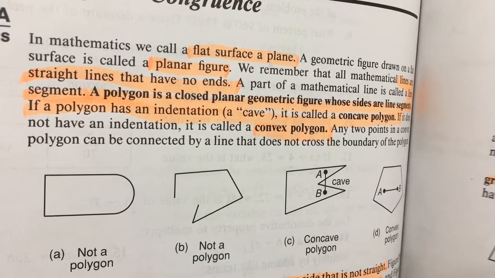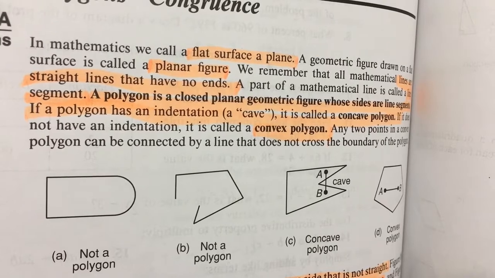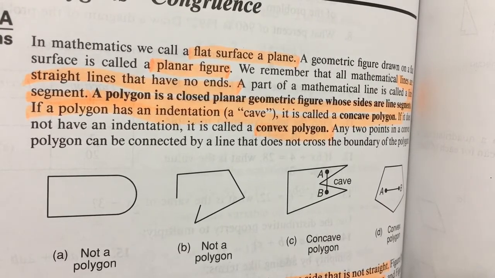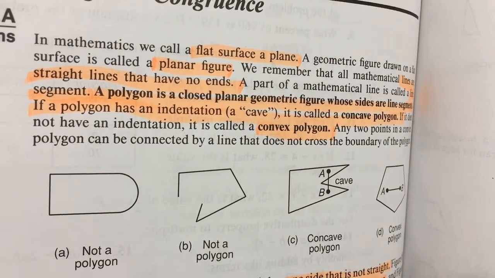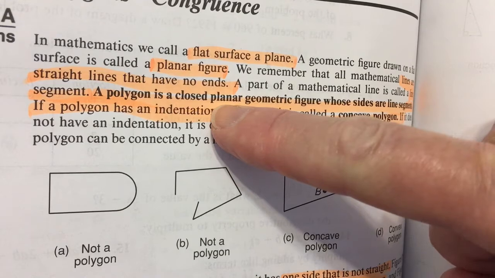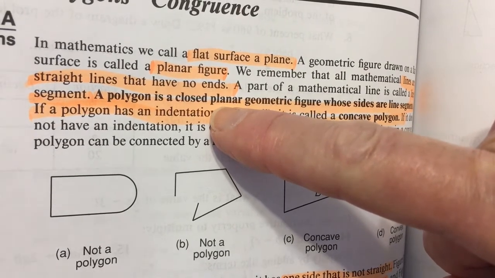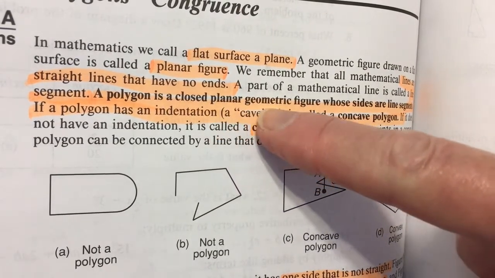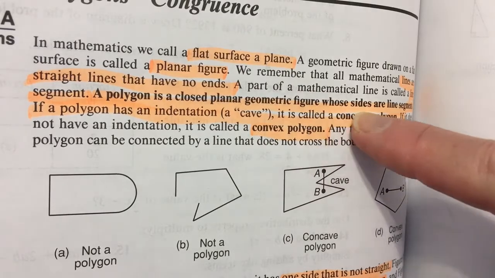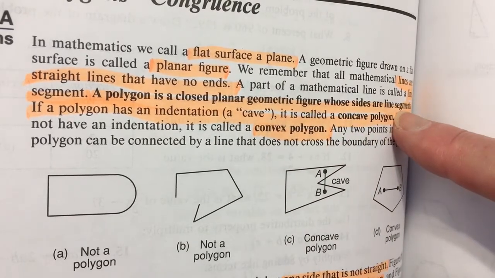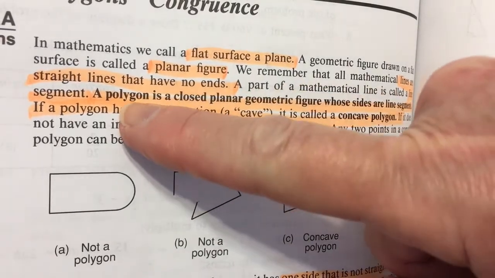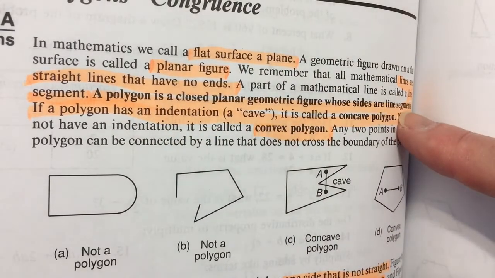Closed means that the line segments all connect and there are no openings, and planar means that the figure is flat and could be on a plane, a flat surface, and then a geometric figure whose sides are line segments. So a polygon must have sides that are line segments.